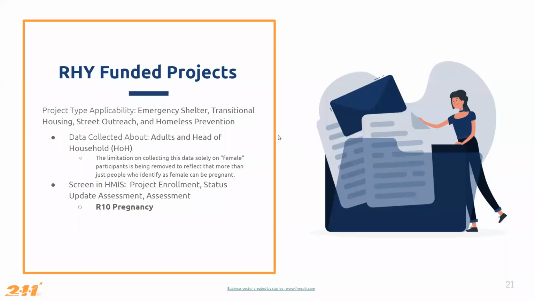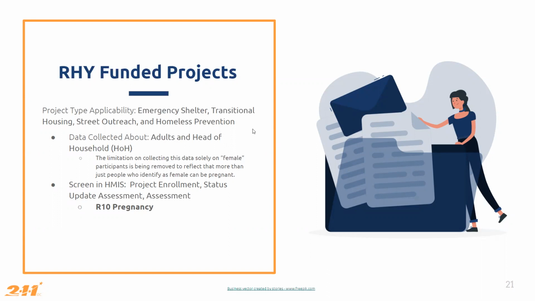So we also have I think it's just one update for Ryan White funded projects. So hopefully the Ryan White funded providers are already familiar with the pregnancy question that is collected in HMIS. The question is for emergency shelter, transitional housing, street outreach, and homelessness prevention projects that are funded, and it's collected for adults or head of household.